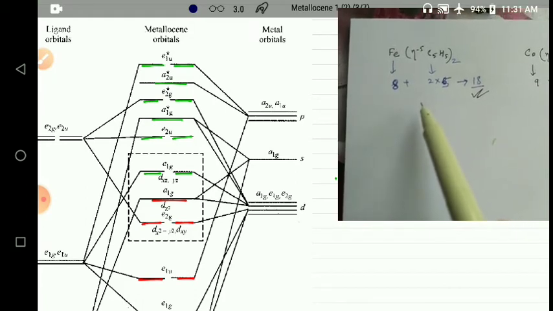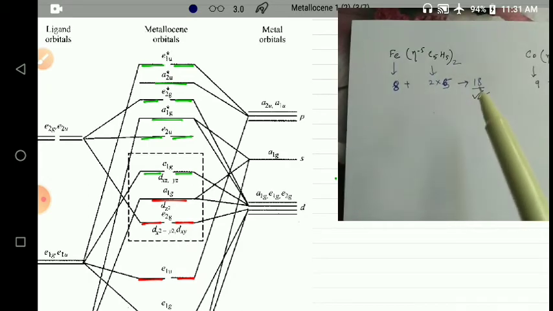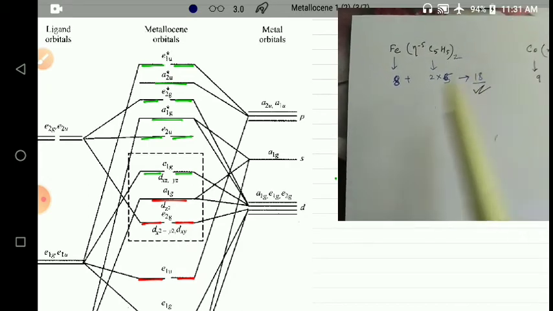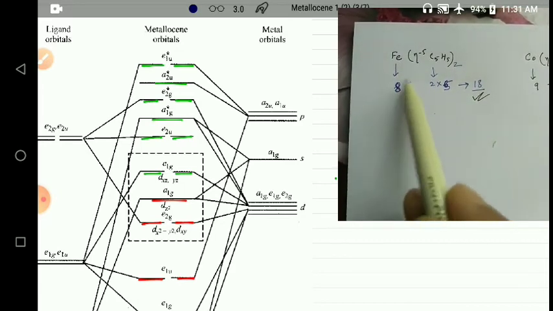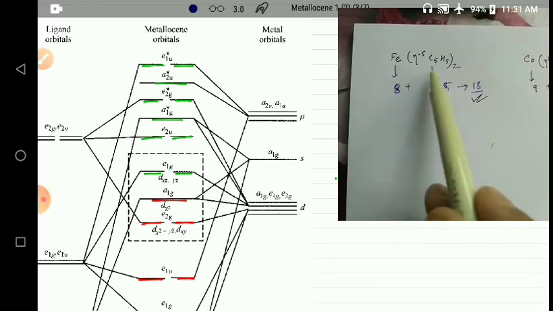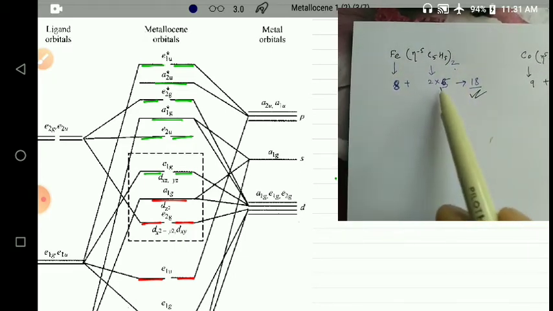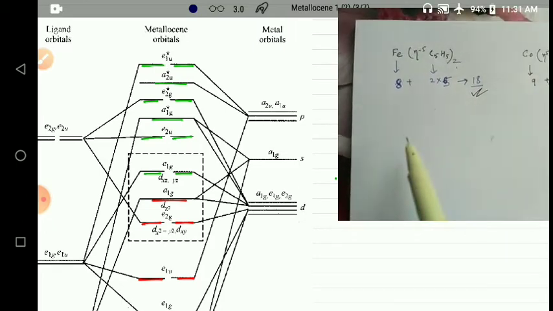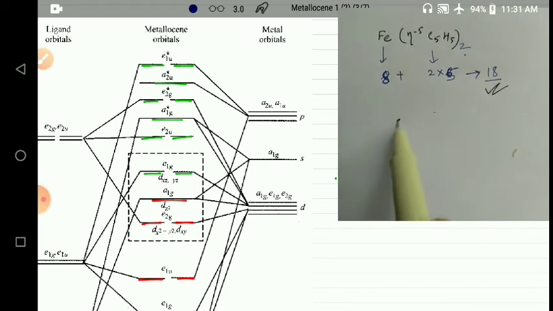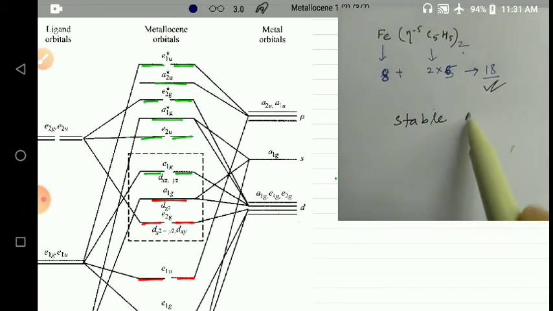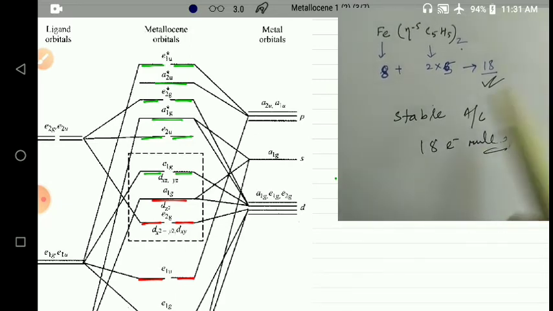If you count the 18 electron rule, using the neutral atom method, iron contributes 8 electrons, and the two cyclopentadienyl rings contribute 5 into 2, which is equal to 18. So this complex is stable according to the 18 electron rule.